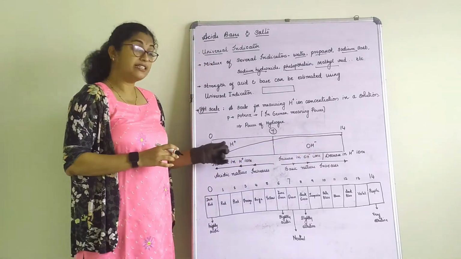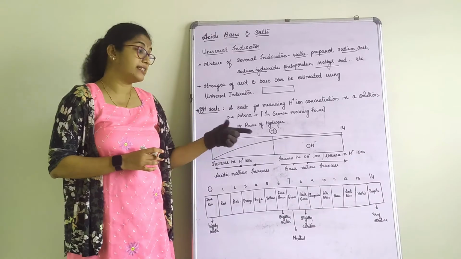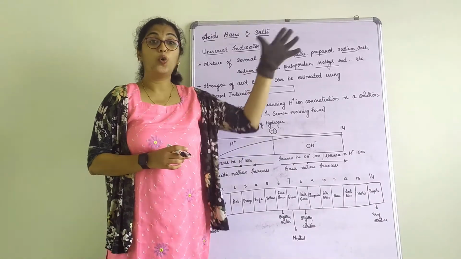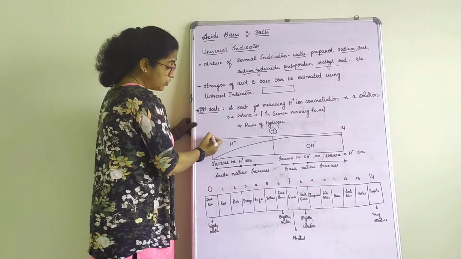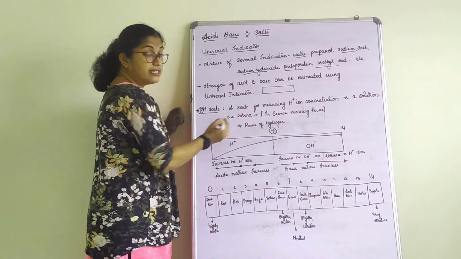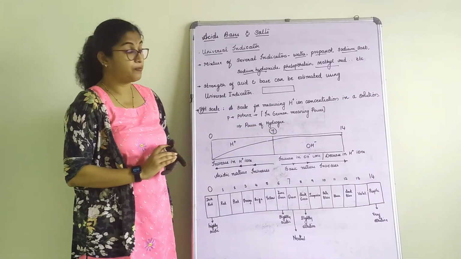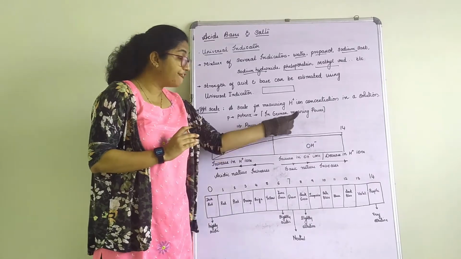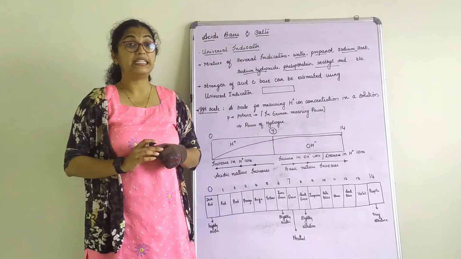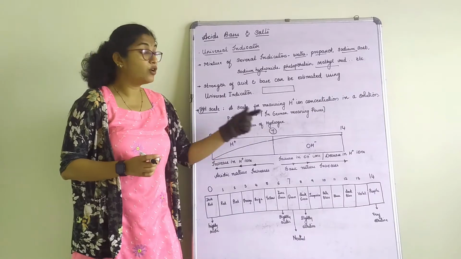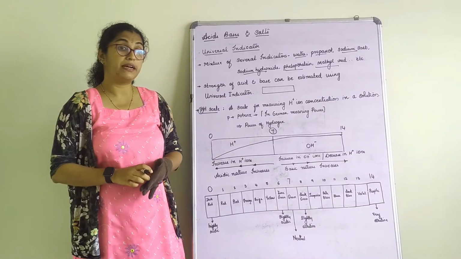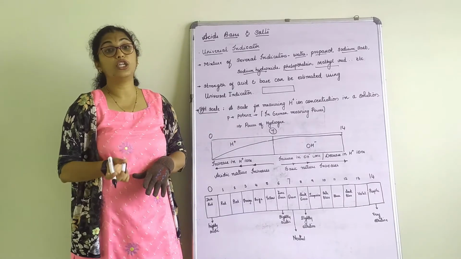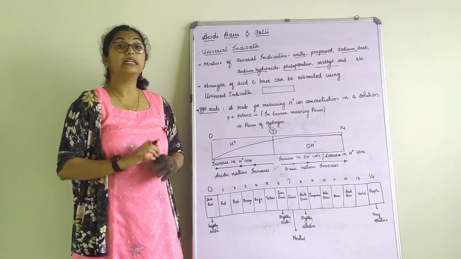If it is an acid, then H plus is increasing. If it is a base, OH is increasing. This tells us that a scale between 0 and less than 7 is acidic. The scale after 7 up to 14 is basic. Then what is 7? 7 is neutral. What do you mean by it? Neither acidic nor basic. It is neutral.